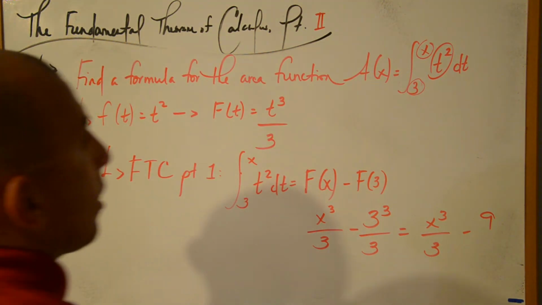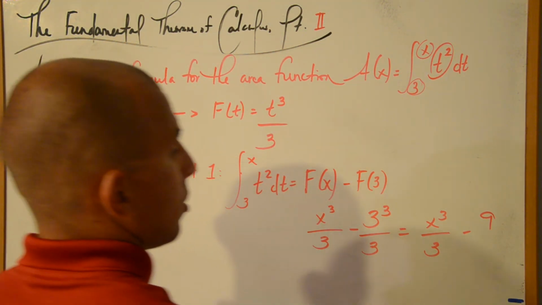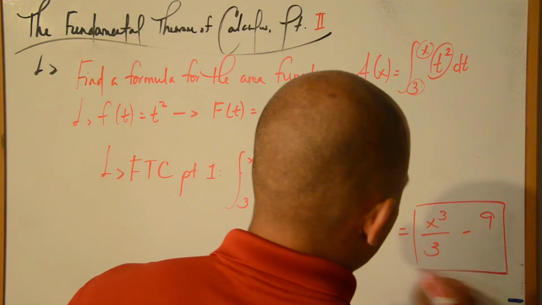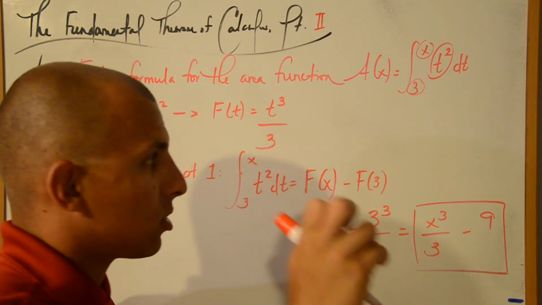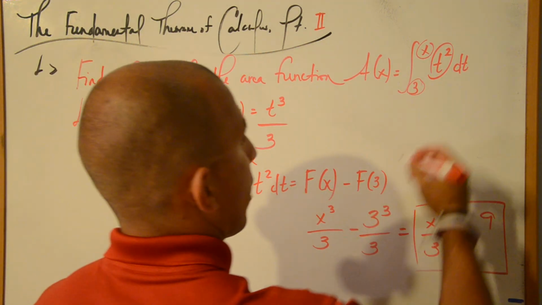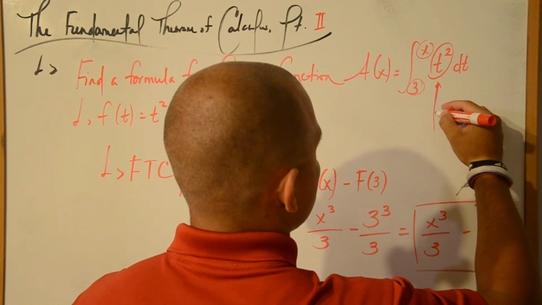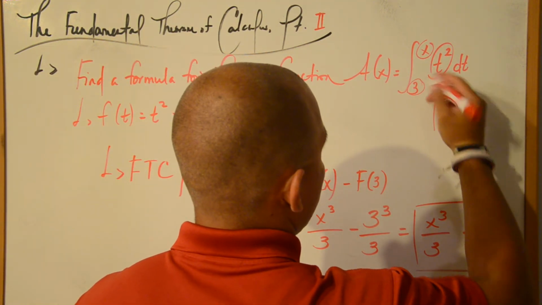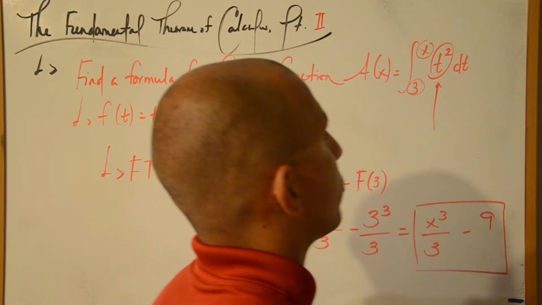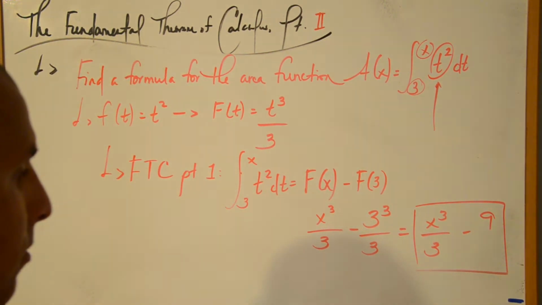And this represents this function calculator for the area beneath this parabolic function with an interval from 3 to some arbitrary point value x.